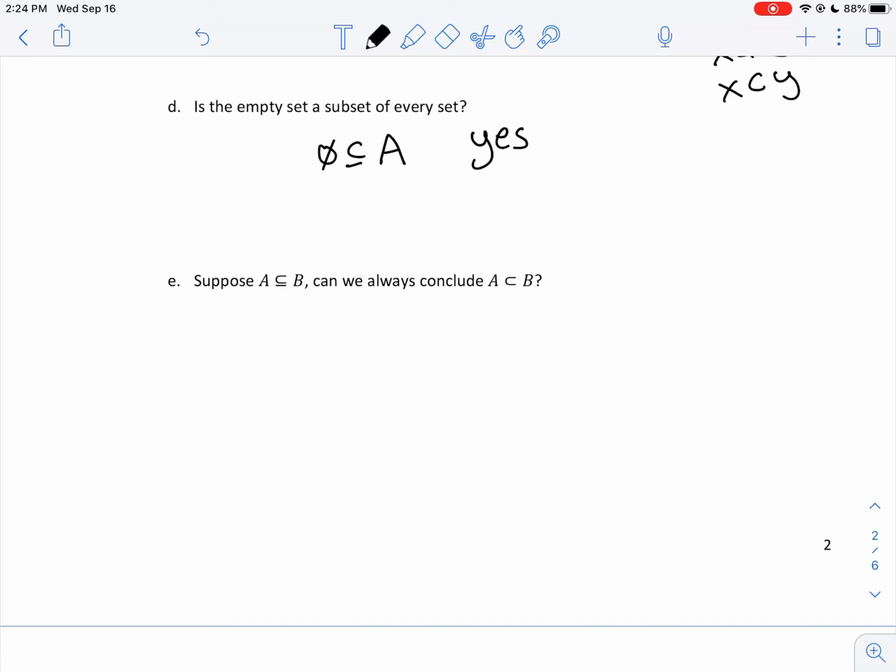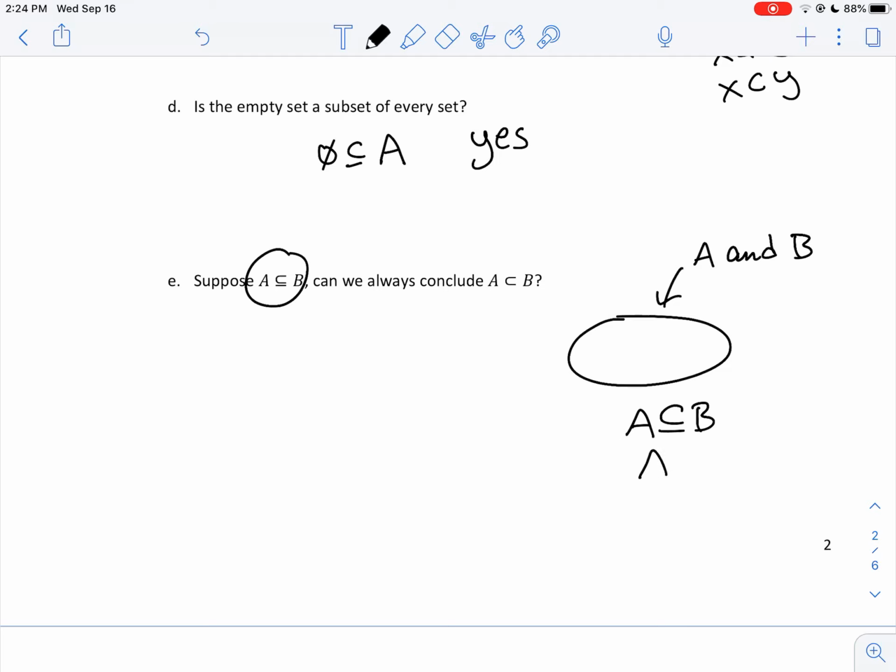Suppose A is a subset of B. Can we always conclude that A is a proper subset of B? No, because this allows for a set. Let's say this is A and B both. It's the same set. And so this statement is good. This statement is better. This statement is bad. So we can't conclude just from the statement that A is a subset of B, because that allows for possible equals.